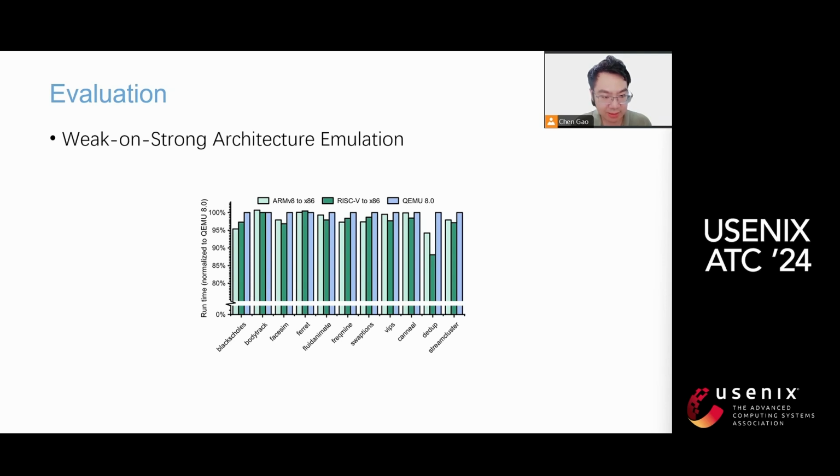Removing fences earlier reduces the overhead during translation, thus improving the geometric mean of the ARMv8 to x86 translation by 1.9%, and the RISC-V to x86 translation by 2.8%.